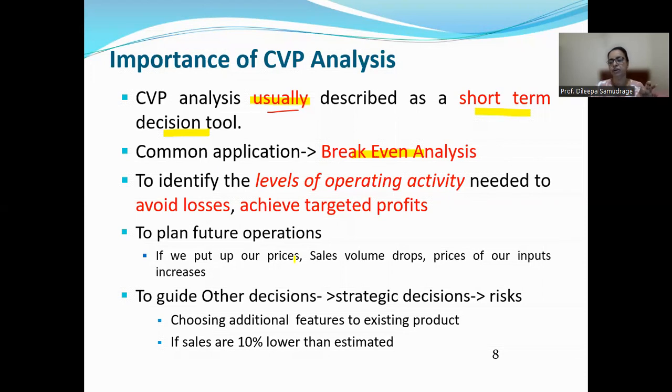If sales volume drops, if selling price increases, if selling price decreases, many things can be applied in sensitivity analysis, and you can find the impact to your total profit.